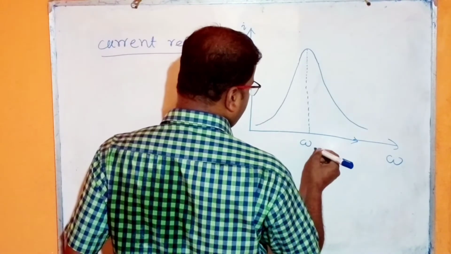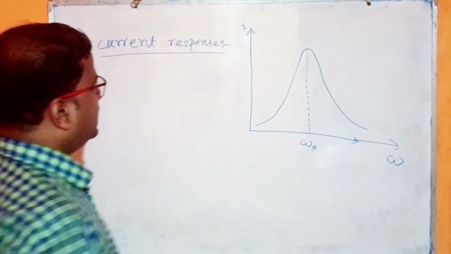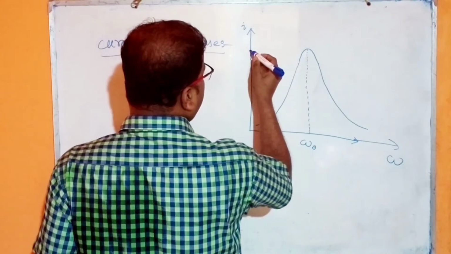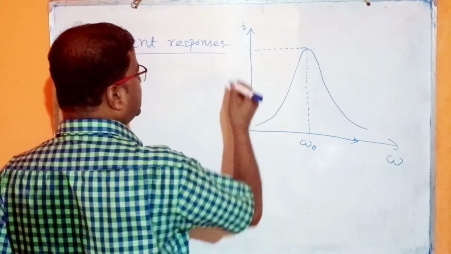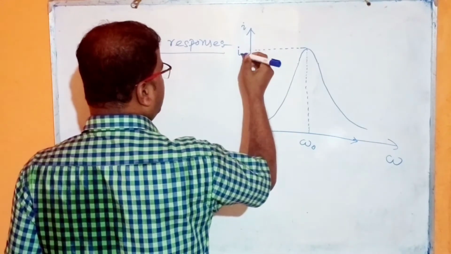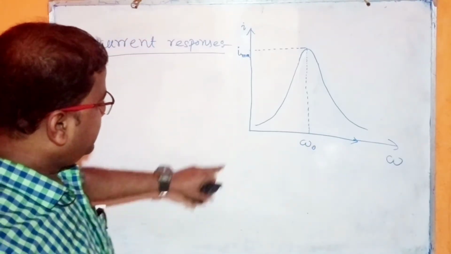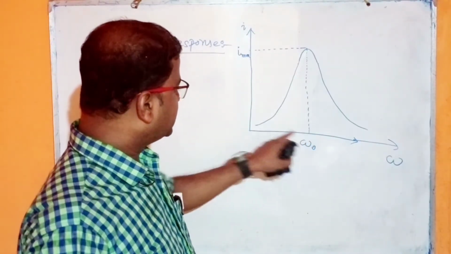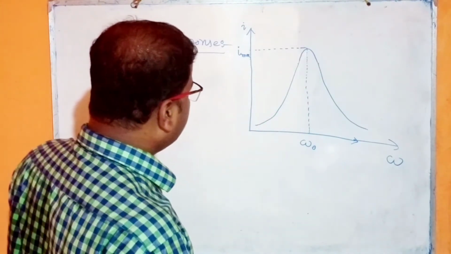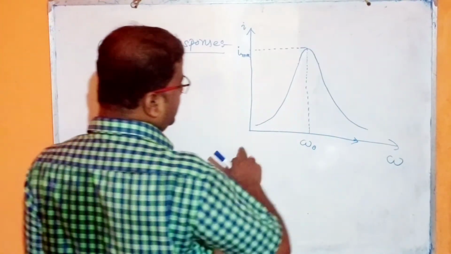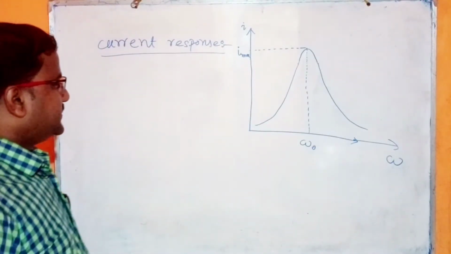This is the resonance frequency omega 0, and in this condition the current is maximum, I max. When frequency increases, the current increases and it reaches maximum when the resonance frequency is reached.